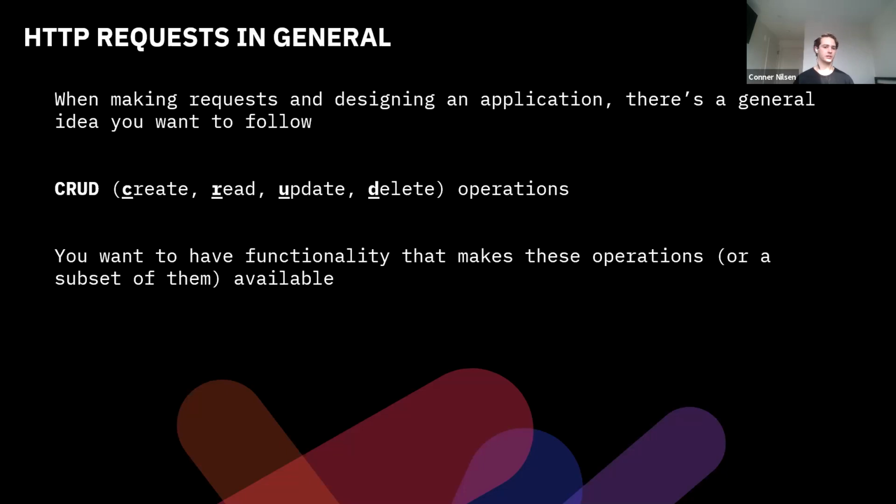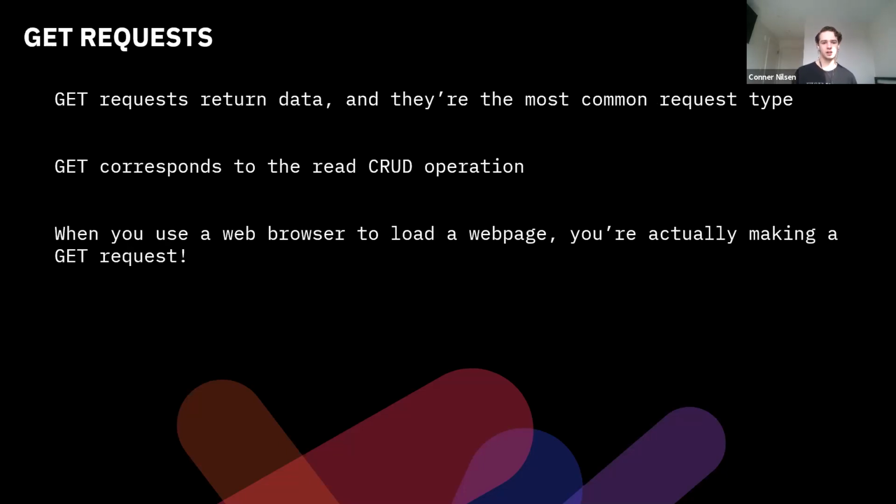There are a couple of request types outside of those, but for most cases, you'll just stick with those operations when creating a web application. GET requests are probably the most common, along with POST, and it corresponds to the read operation of CRUD.